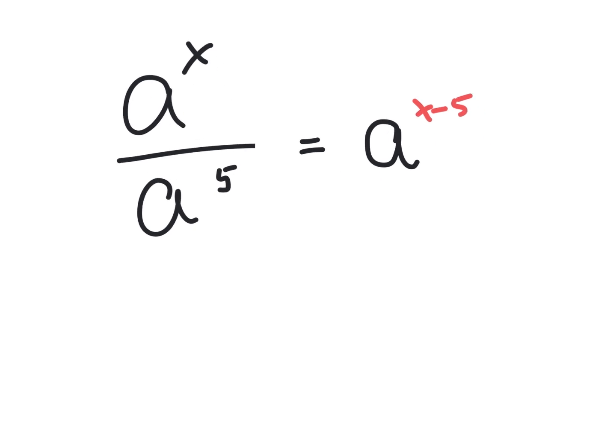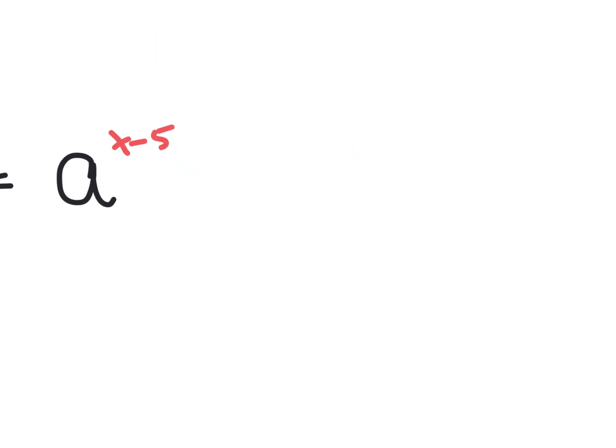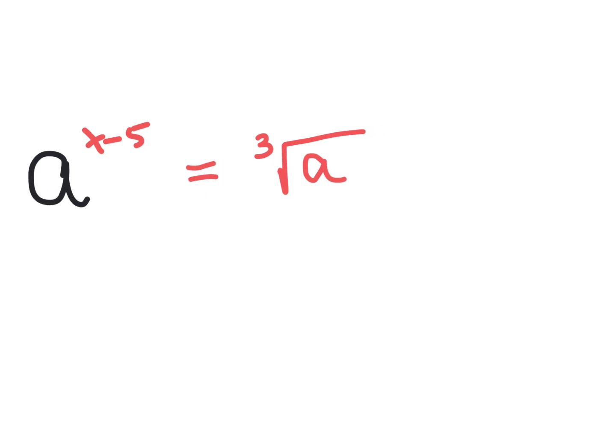This was the test where we spent a lot of time trying to make the bases the same. So let's say we had that, and then let's say it equaled the third root of a. If I could just make the bases the same, the answer would probably be way easier. So solve this one.